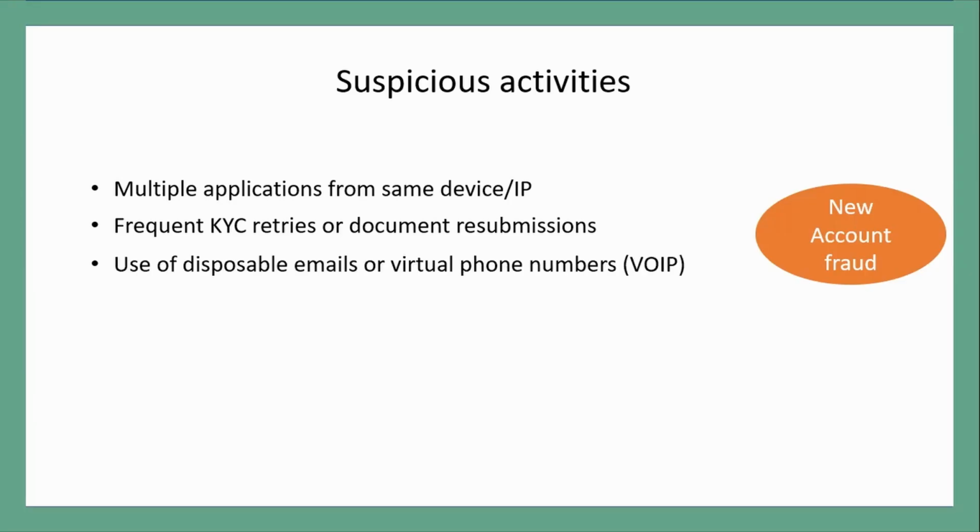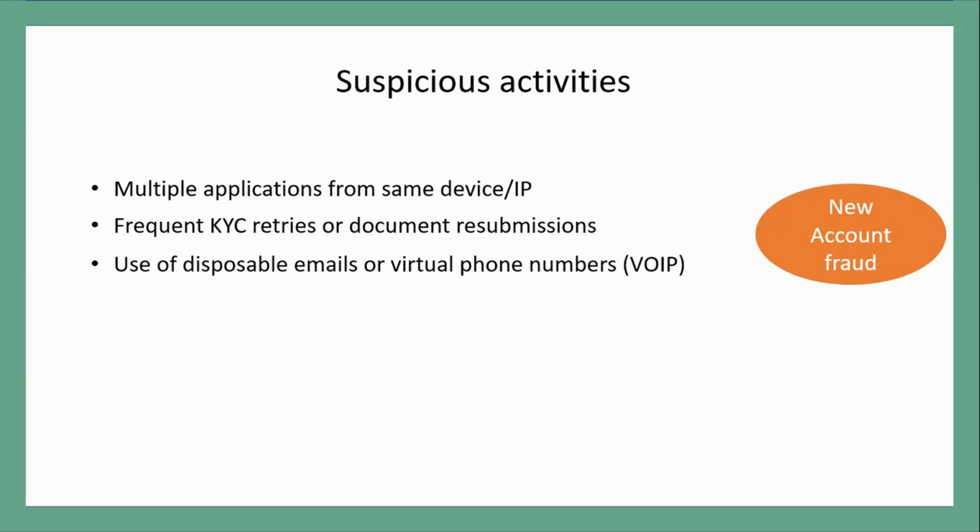Or if disposable emails are used. Disposable email means the email ID is something like xyz12345@gmail.com. Normally people have their name, some people even have their year of birth, right? So the email ID which is used for official purposes normally relates to the identity of the person.